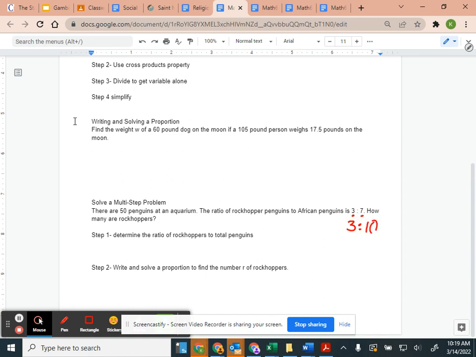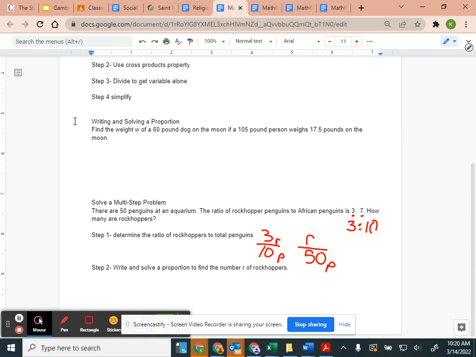So for every 10 penguins, 3 of them would be rockhoppers. So 3 rockhoppers for 10 penguins. How many rockhoppers are there for 50 penguins? See how I set that up?